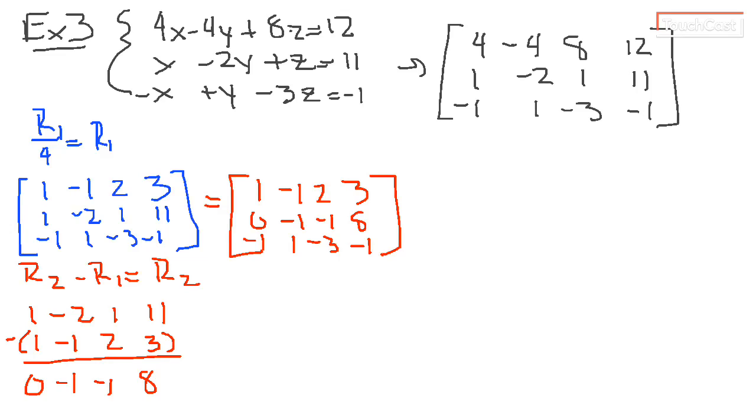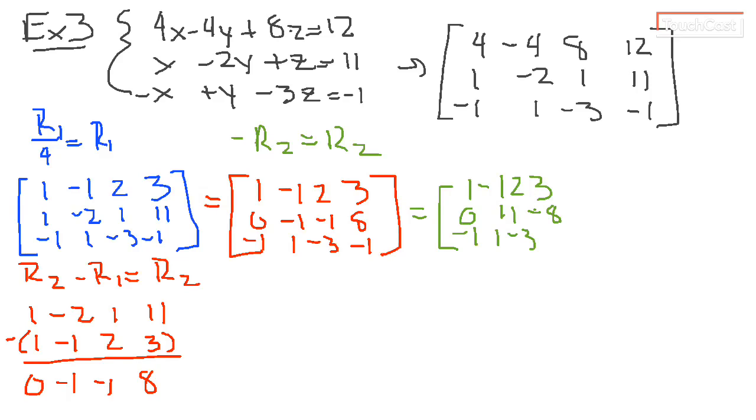And really in the next set of operations, I'm going to just take the opposite of my second row and replace that into the second row. Just get rid of the negatives. So I'm going to have 1, negative 1, 2, 3, 0, 1, 1, negative 8, and negative 1, 1, negative 3, negative 1.